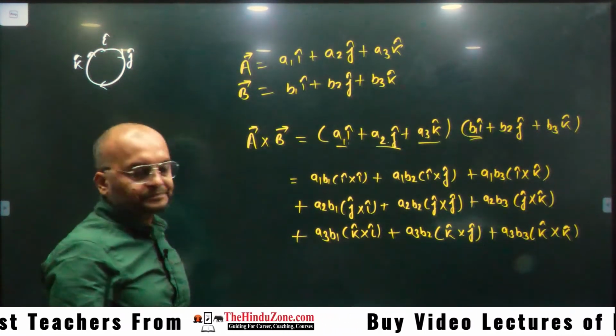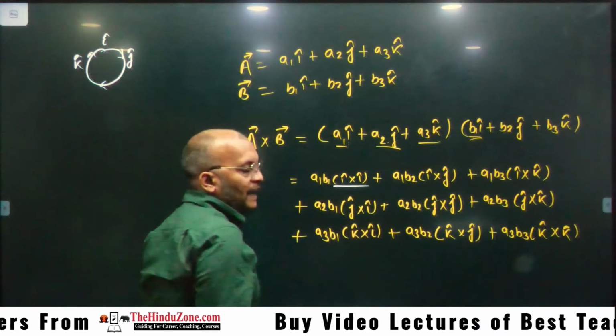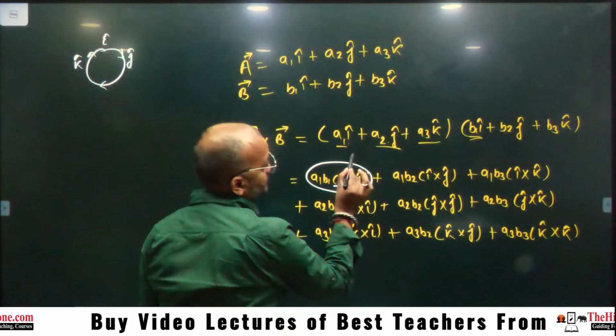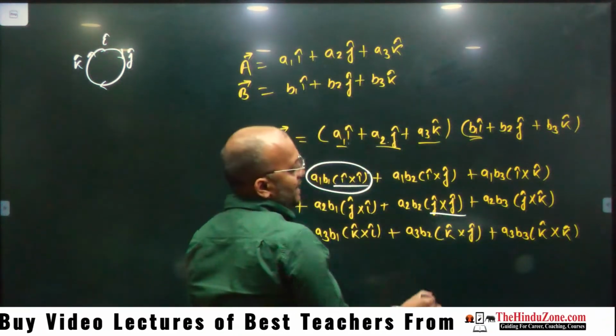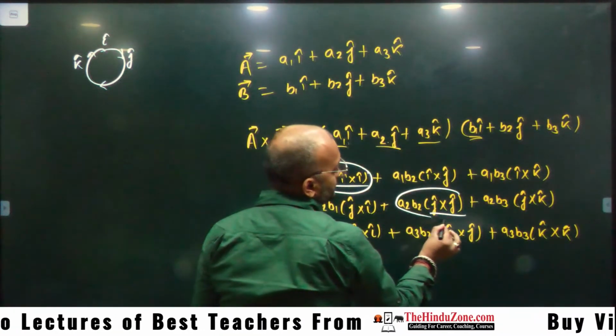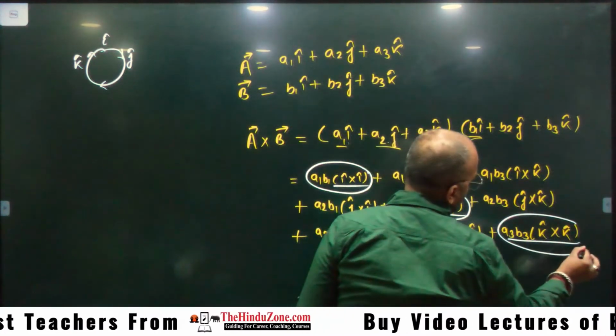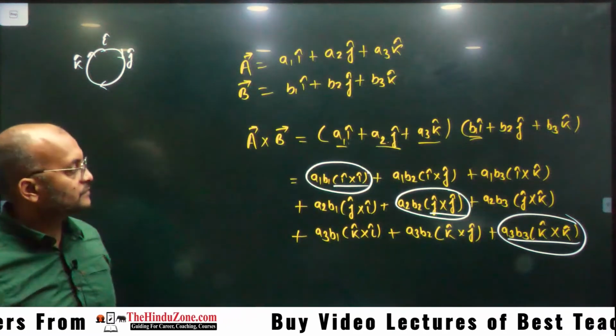Now please see, I cross I will be 0, so this term is 0. J cross J will also be 0, and K cross K will also be 0. So that is gone.